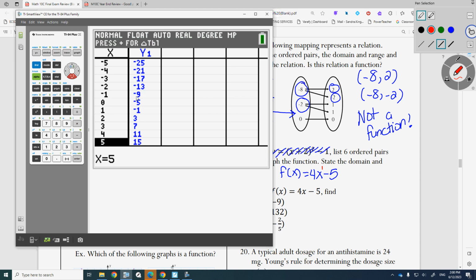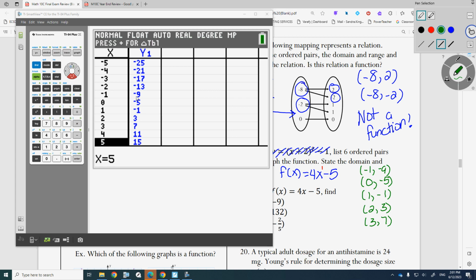That's an ordered pair, a point on this graph. 0, negative 5 is another ordered pair. 1, negative 1. And I'll do 2, 3 and 3, 7.